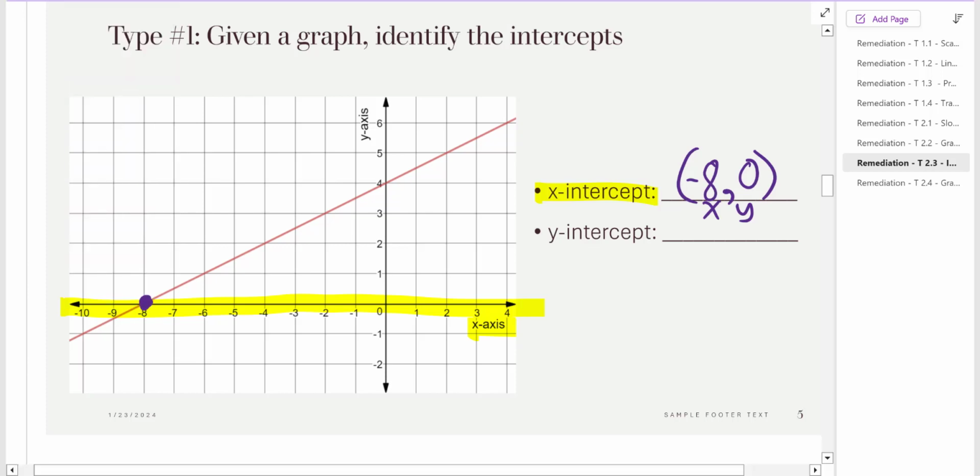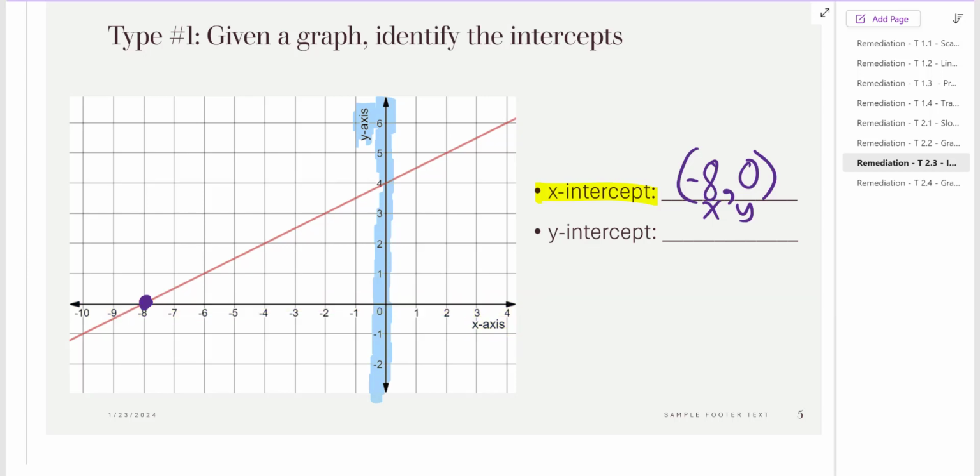Okay, now we're going to be doing the y-axis. So the graph, the red graph, is crossing the blue y-axis at what number? Okay, it is crossing at positive 4.